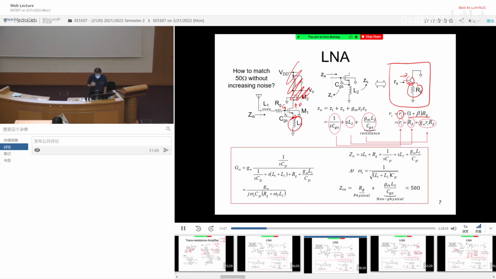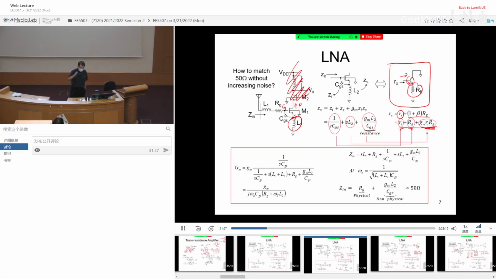If you re-manipulate it, you'll see that it's given by this expression, because beta can be further decomposed into GmRi. So based on the BJT, I can split it into 3 components. We derived this result before.